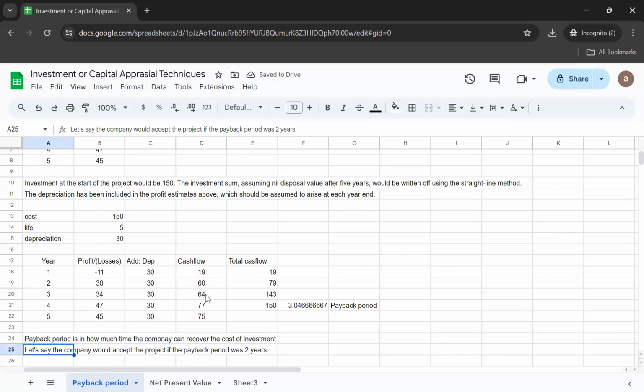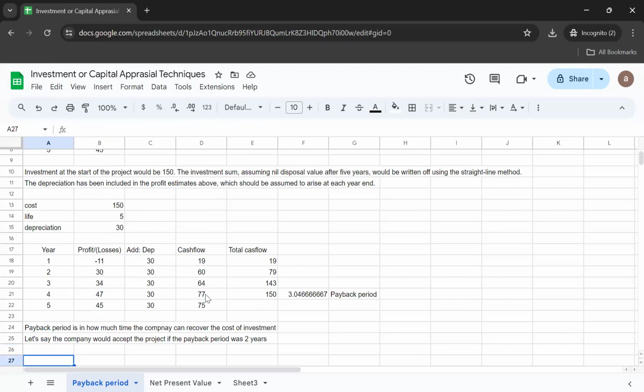So if the payback period was 2 years only, then the company will accept the project. In this case, this is a little over 3 years, so the company will not accept this project under payback period, right?